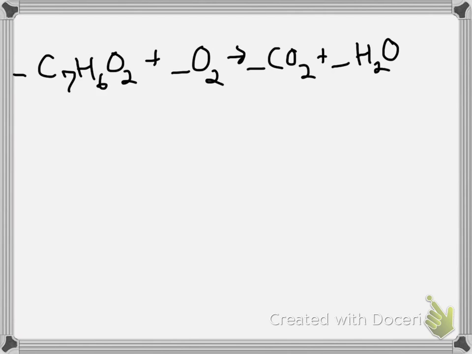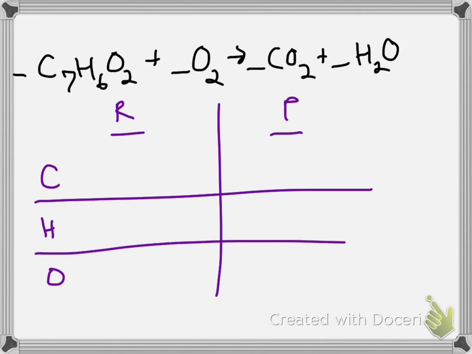So we're going to start this balancing process off the same way we always do, where you write your reactants, your products, and we have carbon, hydrogen, and oxygen. Okay, so we start off with 7 carbons, 6 hydrogens, 2 oxygens, and then there's another 2 oxygens.